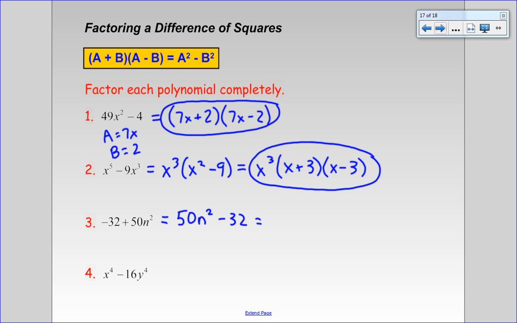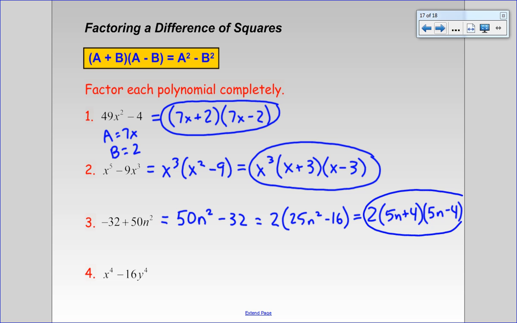In this case, 50 and 32 are both divisible by 2. And then the binomial we have in the parentheses would be 25n squared minus 16. And that is a difference of squares, so we can continue factoring and write the answer as 2 times the quantity 5n plus 4 times the quantity 5n minus 4.